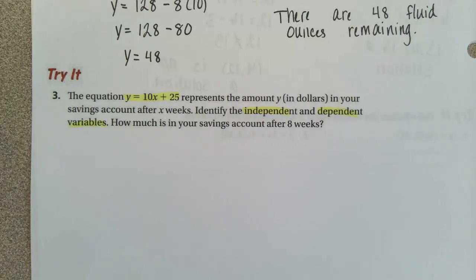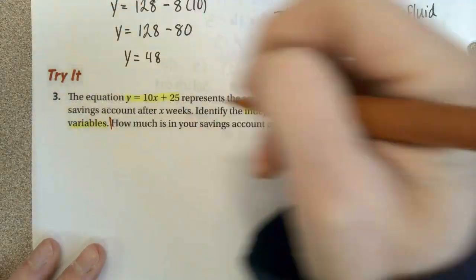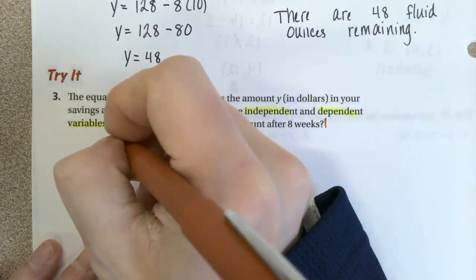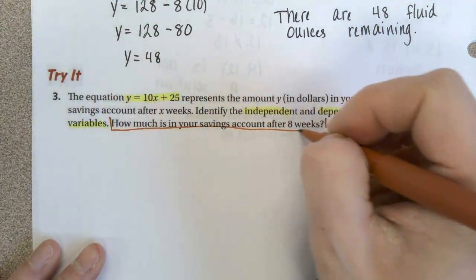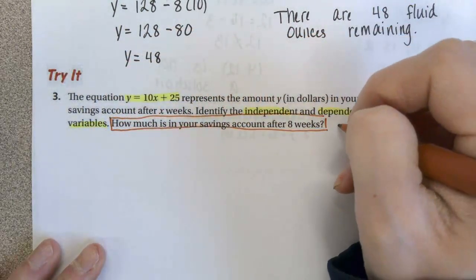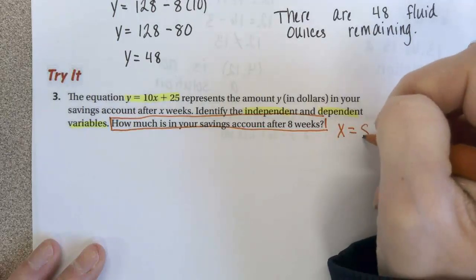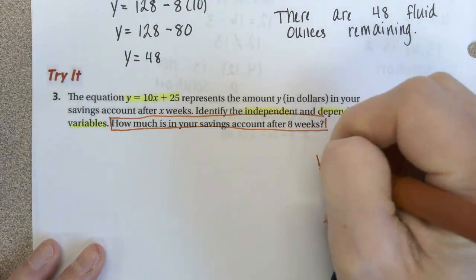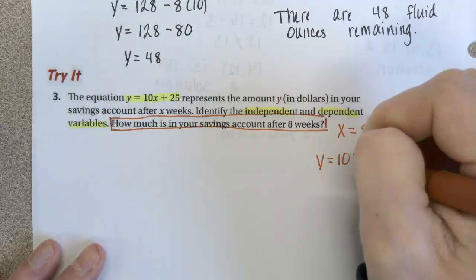Or does how many weeks you save depend on how much is in your savings account? Then your next step is to say how much is in your savings account if you save for 8 weeks. So if x equals 8, how much is in your account? You'll use that equation and substitute that in there.